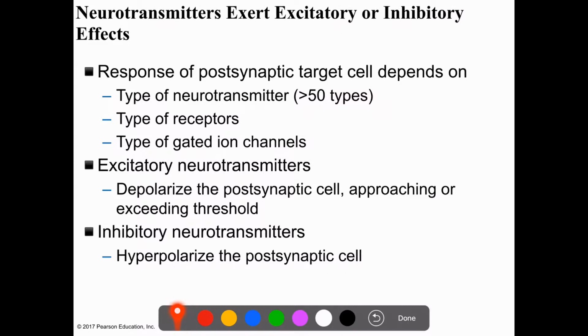Usually, in general, excitatory neurotransmitters, the neurotransmitters that would activate the cells, will cause depolarization in the postsynaptic cells, causing the membrane potential to exceed the threshold. So usually excitatory neurotransmitters would lead to action potential, whereas inhibitory neurotransmitters will hyperpolarize the postsynaptic cells.